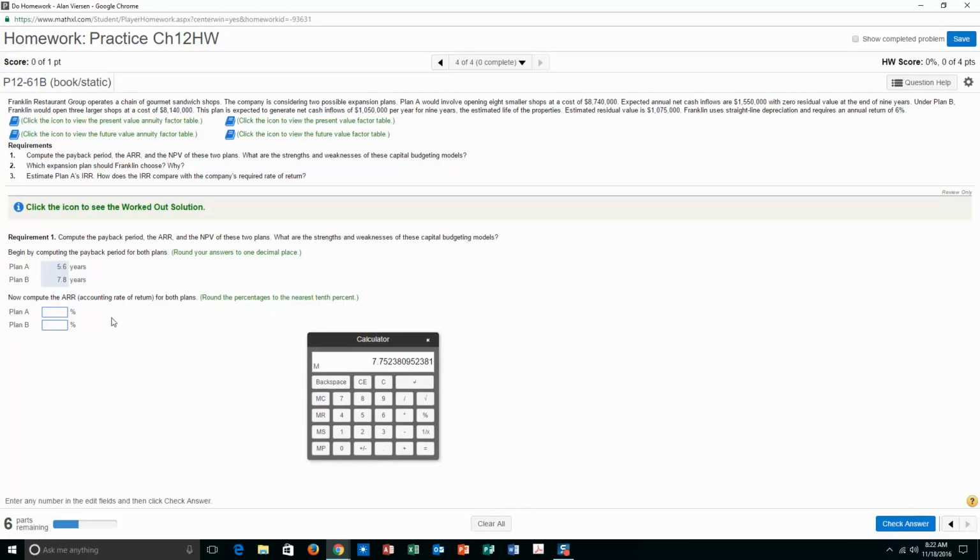The next method is what's called the accounting rate of return. This is where I'm going to take the annual cash flows, subtract any depreciation if there is any, and then divide that by the initial investment. Starting off with plan A again, I'm going to take my 1,550,000 cash flow and subtract the depreciation.